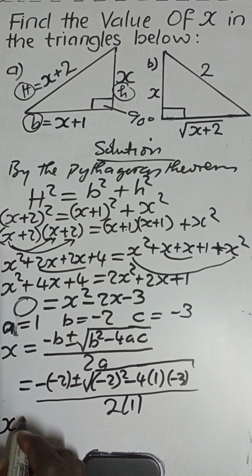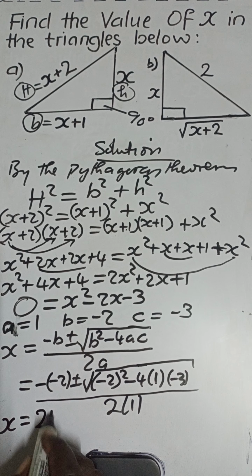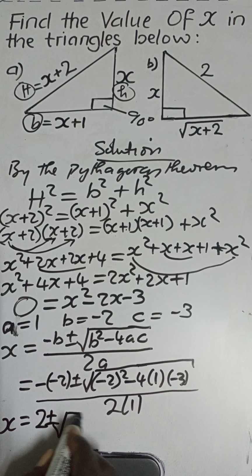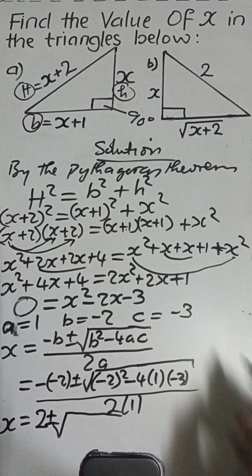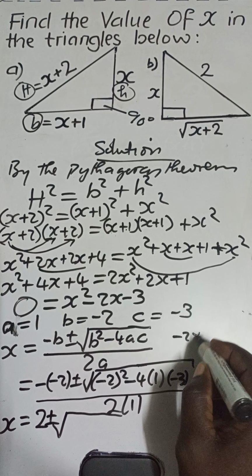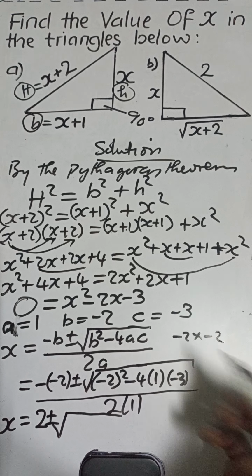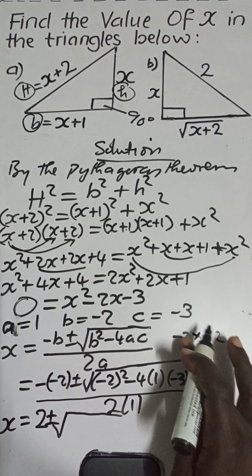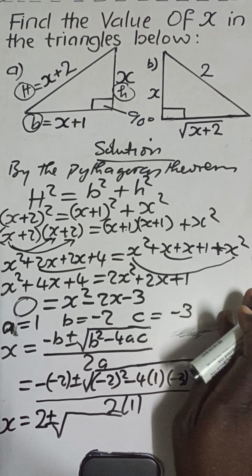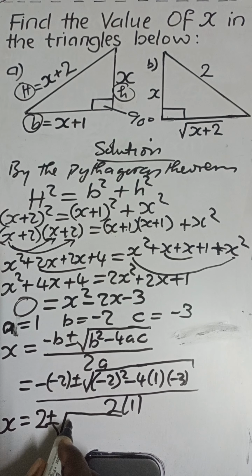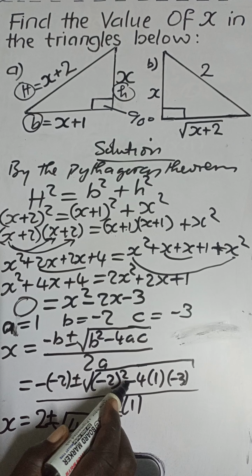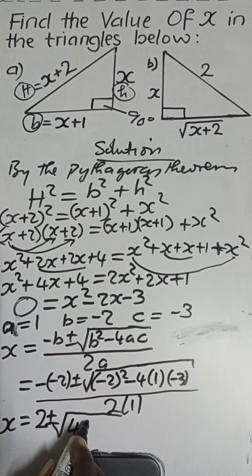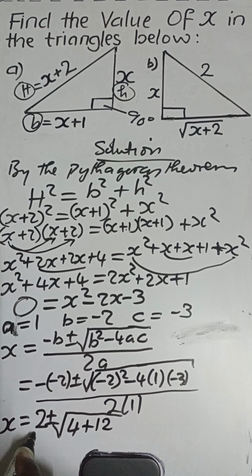So this means x is equal to negative of -2 gives us +2, plus or minus the root of -2 squared. -2 squared means -2 times -2. Negative times negative is positive. 2 times 2 is 4. So that gives us +4 here. Then minus 4 times 1 times -3: negative times negative is positive, so 4 times 1 times 3 is +12. All of that divided by 2.